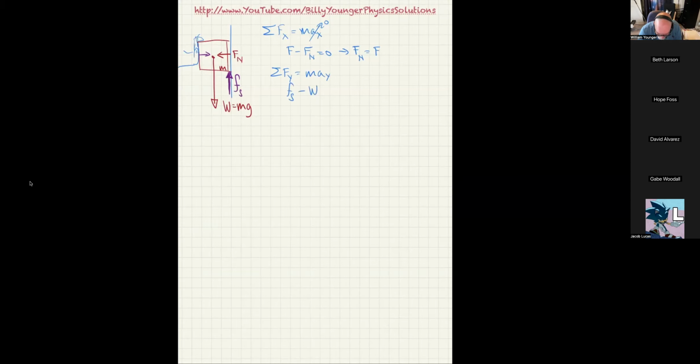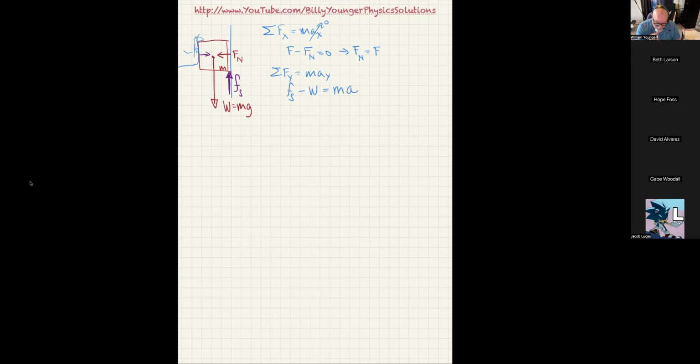And remember, I told you once I started in the next chapters, I would start writing the summation of the forces as number minus number plus number. In other words, I'm not going to take the time to write a plus symbol and a minus sign every time. I'm just going to write subtraction. So in this case, the static friction force upward minus the weight downward is equal to the mass times the acceleration that it is going to experience.